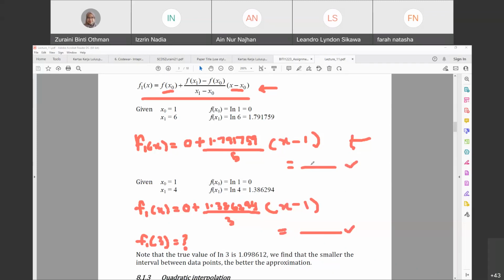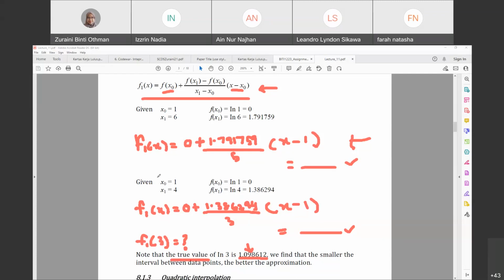So for these two values, try to find them. And we know the true value, actually the true value for ln 3, when we press ln 3 on the calculator, is 1.098612. Okay, so we can see which one is closer to this value. The answer given here is we find that the smaller the interval, the data point, the better the approximation.